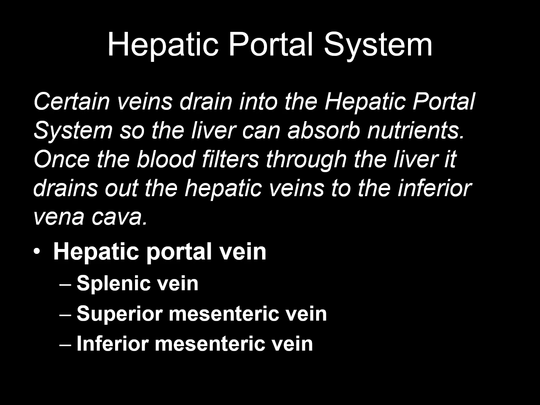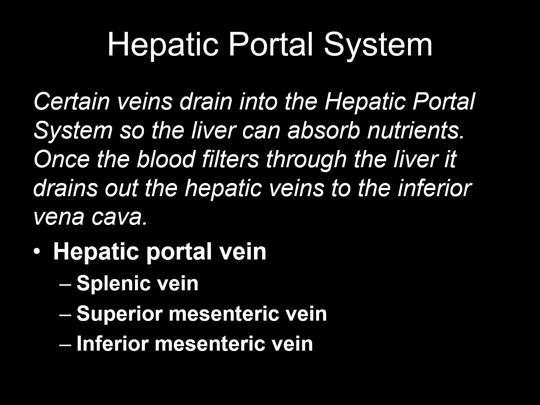We drain all those veins into the liver first so that the liver can process all the nutrients and possible pathogens before returning it back to the vena cava and back to the heart.